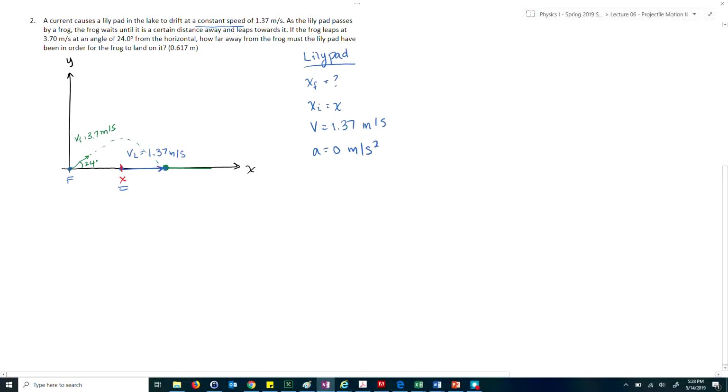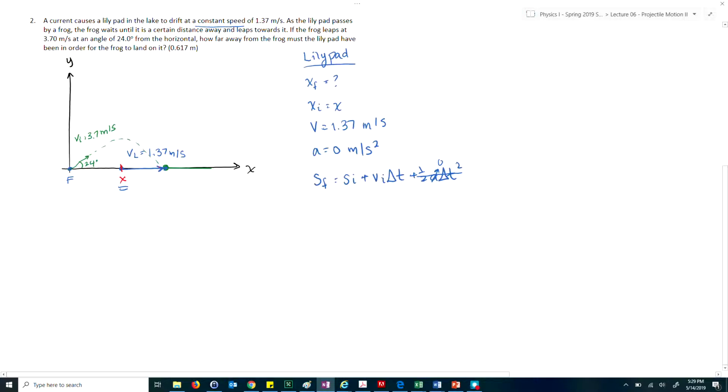So let's find its final x position. We have this equation: S final equals S initial plus V initial delta t plus 1/2 a delta t squared. Because acceleration a is 0, this whole term goes to 0.